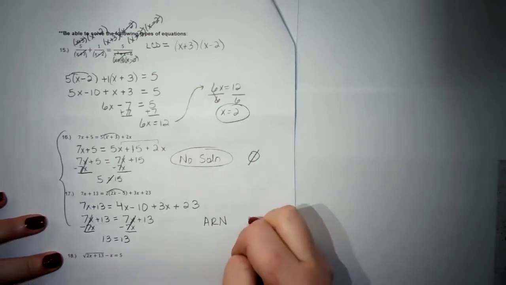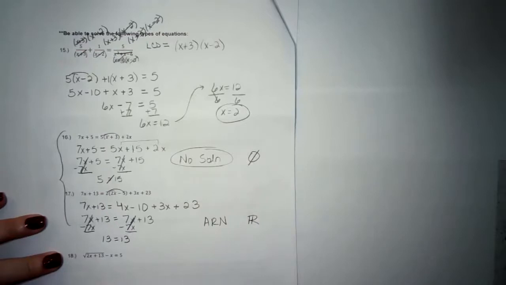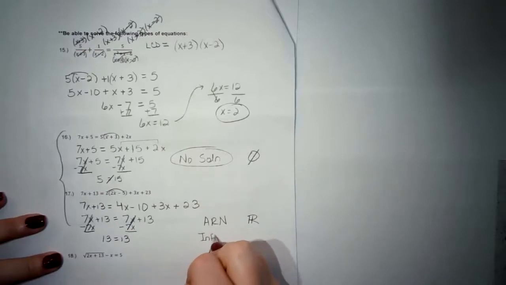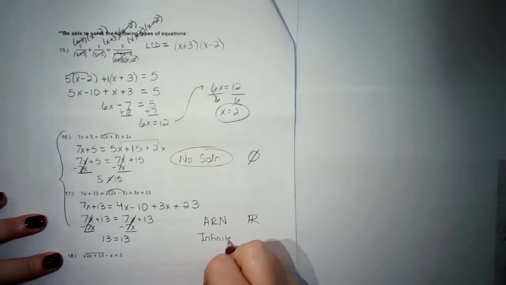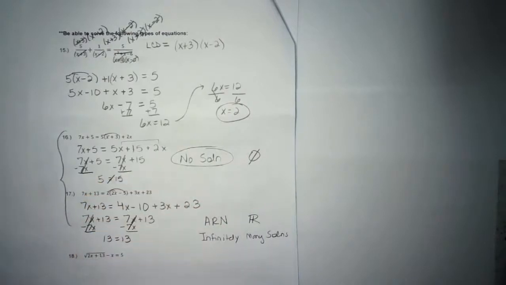You're certainly welcome to make the double lines with the big R, same thing. Or if you just love to write, you can write out infinitely many solutions. Any of those will work, whatever you want to do, okay? So notice the difference. That's how you know, but you'll have one of those.